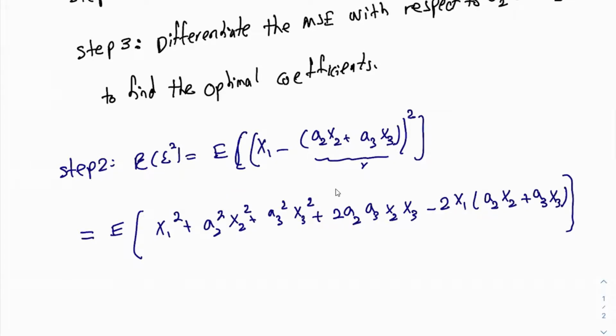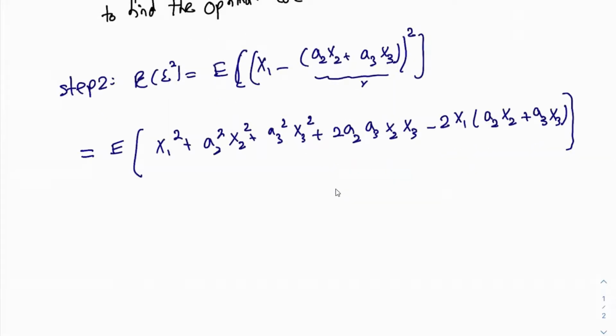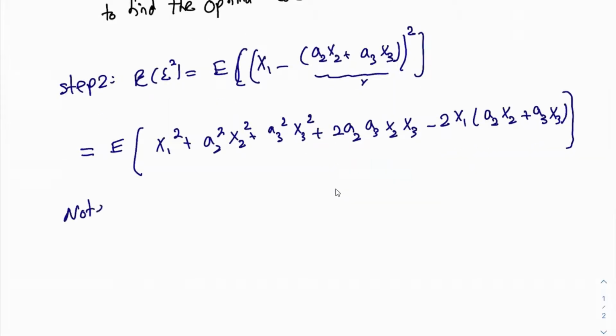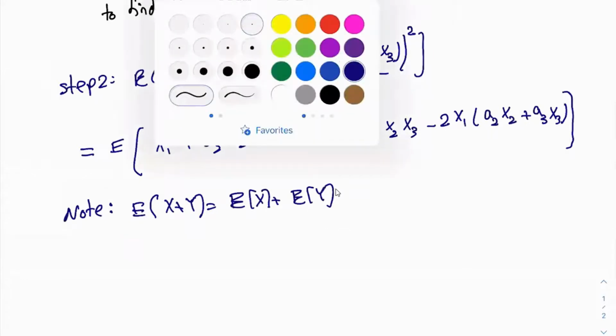Great. Okay, now let's use the property of expectation. We know expectation is a linear operator, right? So we can actually bring the expectation inside the bracket here, right? So note that the expected value of x plus y is equal to the expected value of x plus the expected value of y. It's just a note that we can actually separate the expectation.